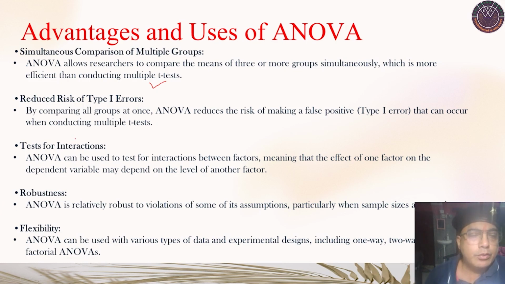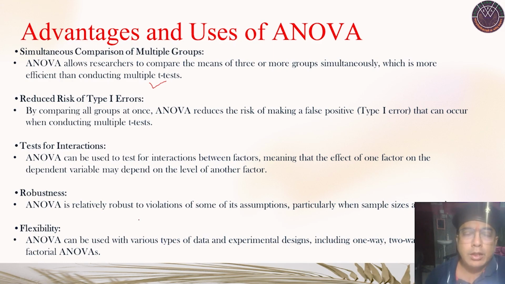Test of interaction. ANOVA can be used to test for interaction whenever you are using 2-way ANOVA, 3-way ANOVA. So interactions also you can see combinedly, you can see the effect of board and medium of instruction, what is the impact. So in those cases also it has got advantage. ANOVA is relatively robust to violation of some of its assumptions, particularly when sample sizes are equal.